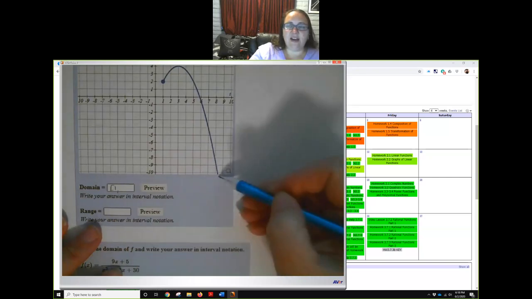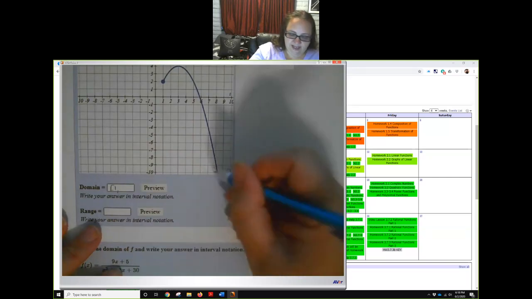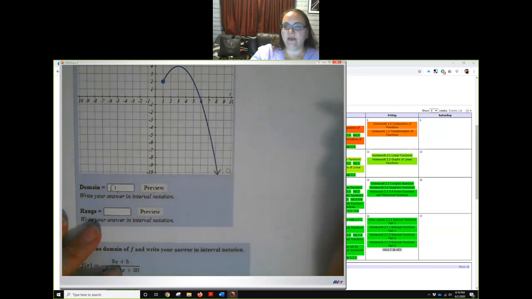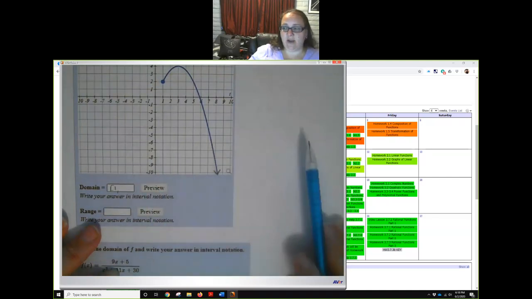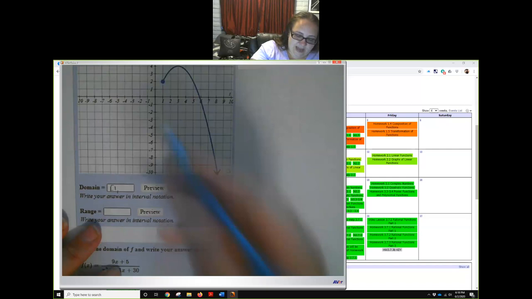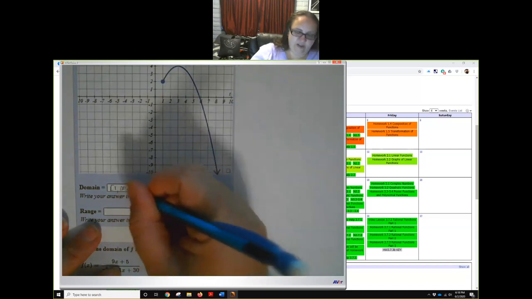See how there's no dot here? It's missing an arrowhead. That should be there. If it doesn't expressly tell you that it ends there, then that means that it's going on. So that means this is going to continue going to the right forever. So that would be 1 to infinity.